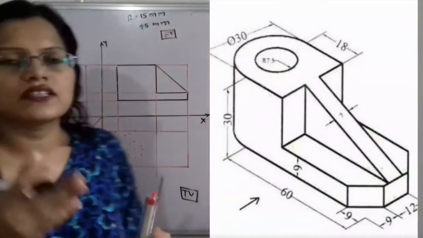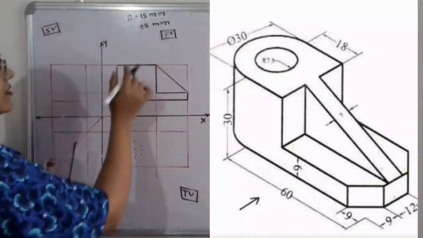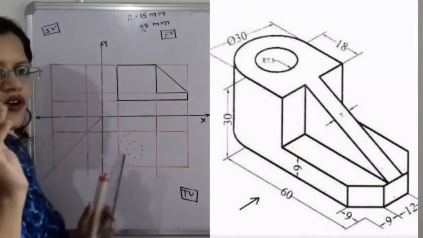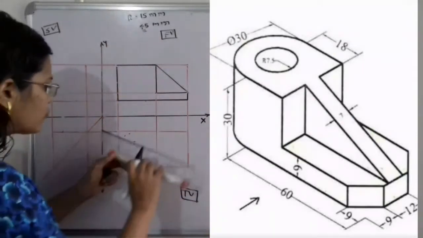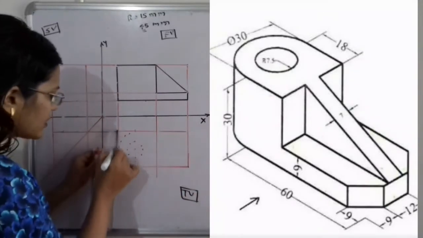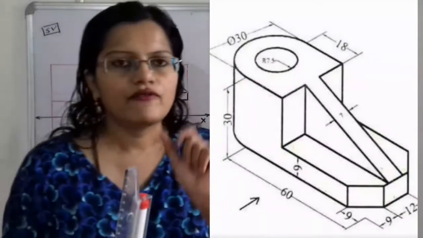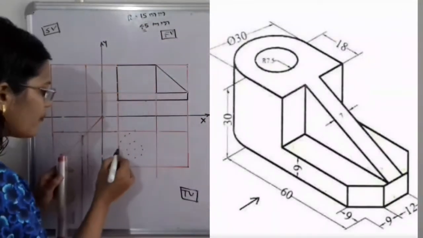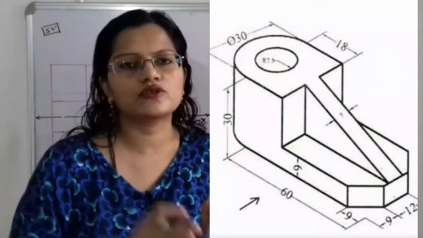Suppose you have taken the scale 1:2, then you can consider here 30 millimeter. For this 45 millimeter, on this horizontal line we have to select one point, and on this vertical line we have to select one point of 45 millimeter distance. Now from these 2 points we have to draw the vertical line and horizontal line.